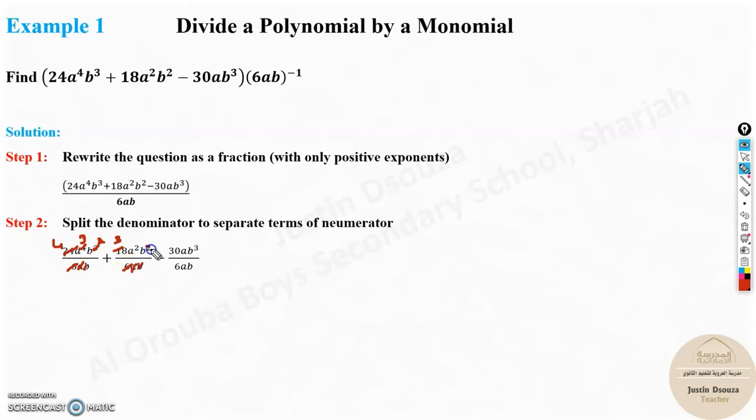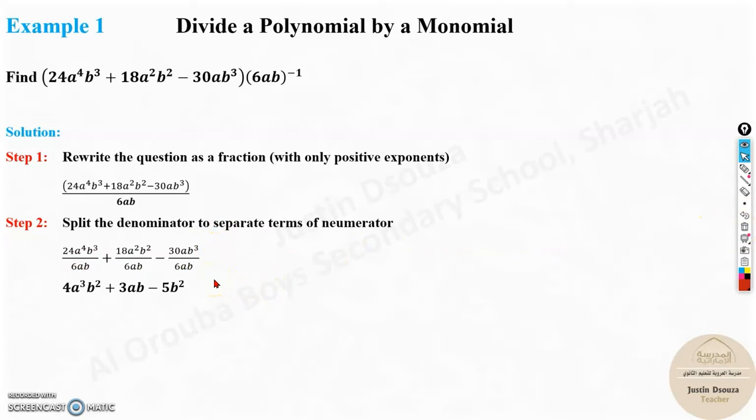This cancels, the power goes, it'll be 1 and 1. Same way, we have 6 and 5, and now this cancels entirely, and over here it'll be power 2. So you're remaining with 4a cube b squared plus 3ab minus 5. Remember, the sign is minus 5b power 2. So that is your answer.